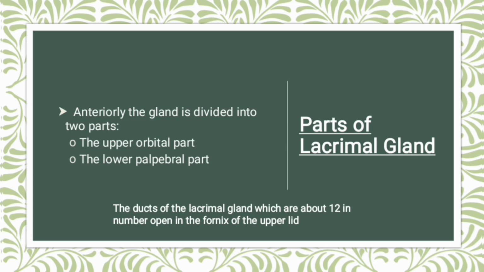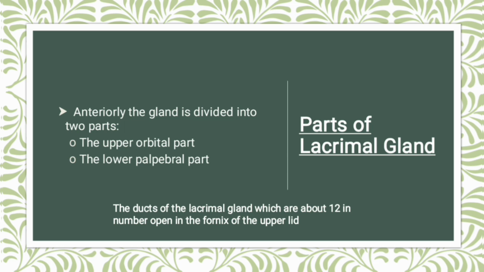The ducts of the lacrimal gland, which are about 12 in number, open in the fornix of the upper lid. These lacrimal glands have tear ducts, which I have discussed already. These lacrimal ducts open into the fornix, a structure we have discussed in the anatomy of the conjunctiva. The fornix is a type of conjunctiva, or you can say it is a junction where the bulbar and palpebral conjunctiva meet each other, right?